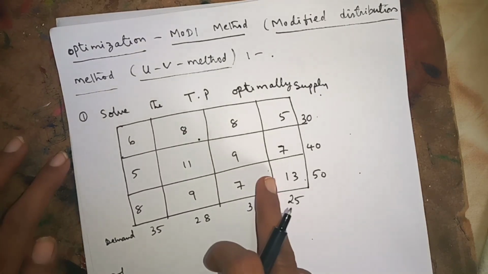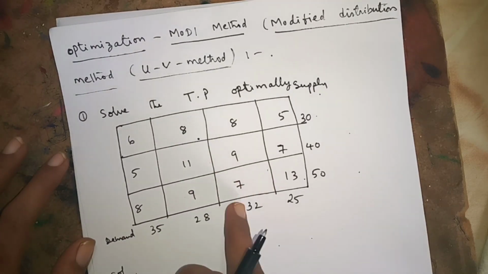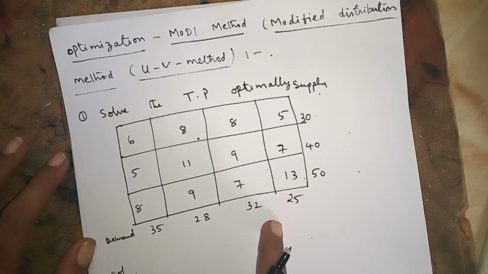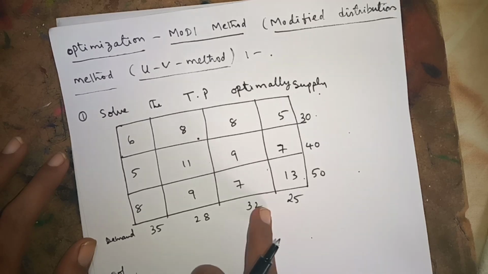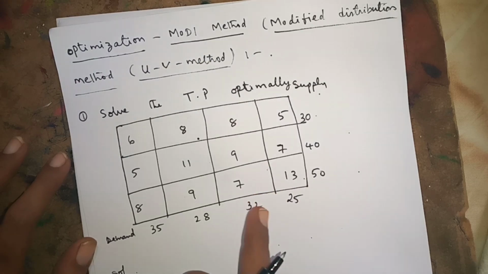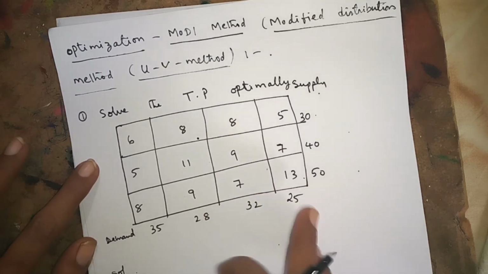Now here one problem is given. Solve the TP optimally, they are asking. Now to solve this optimally, first I will find the IBFS using Vogel's approximation method. Already we know how to solve.